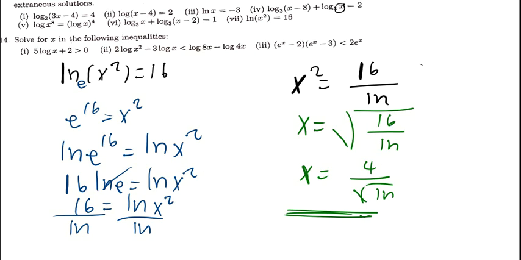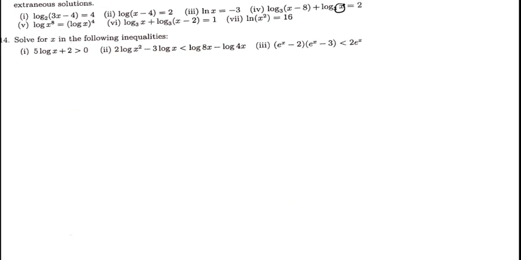Next we'll go and solve question 14. Let's do question 14. So question 14 is not complicated. It's more like an inequality actually. So for example, the first one, which is just direct, I'll shift 2 to go to the other side. I'll have this greater than -2.